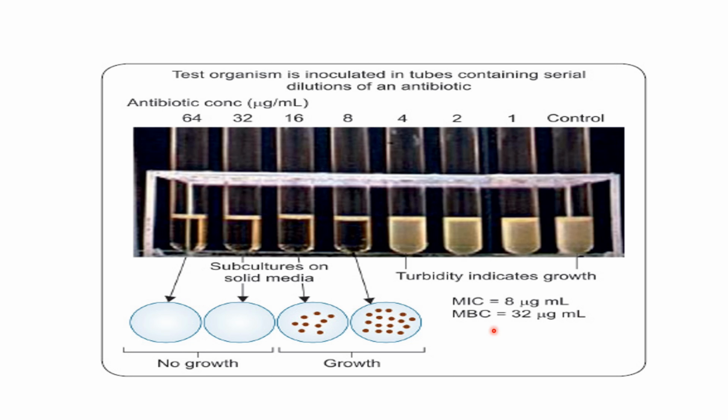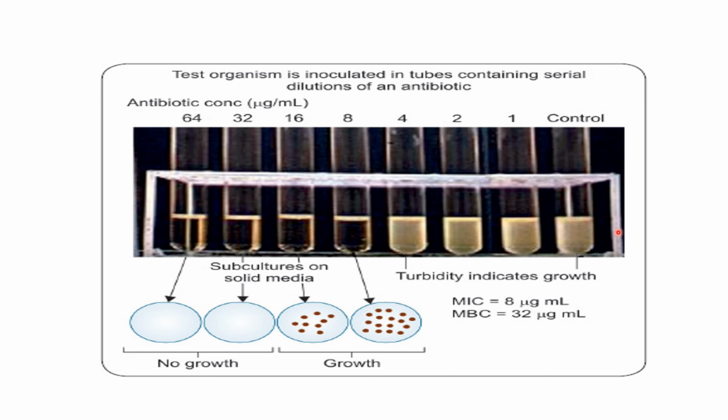To determine the MBC, the minimum bactericidal concentration, we subculture the broth onto separate solid medium. Up to here there is no visible turbidity in these tubes, and we have to confirm whether the organism is present in them.